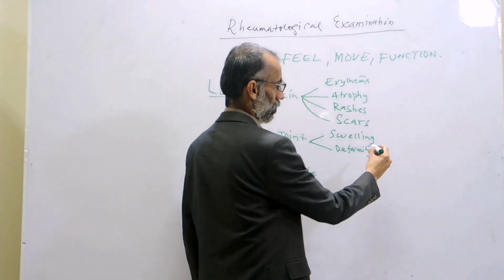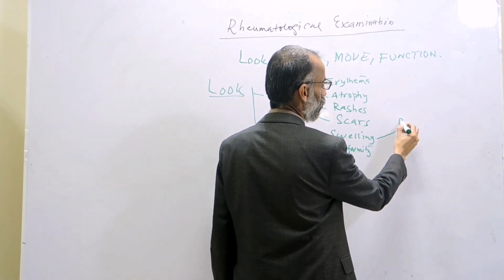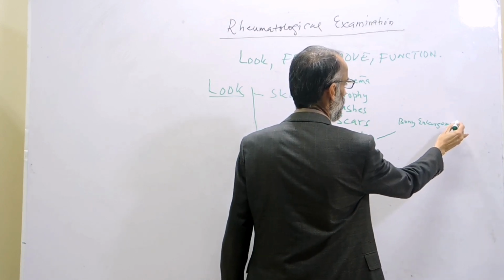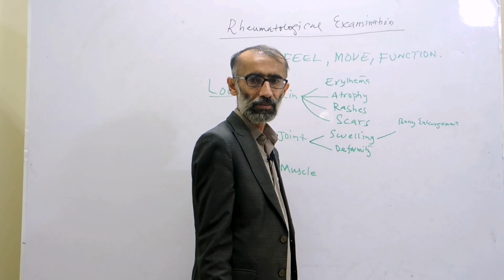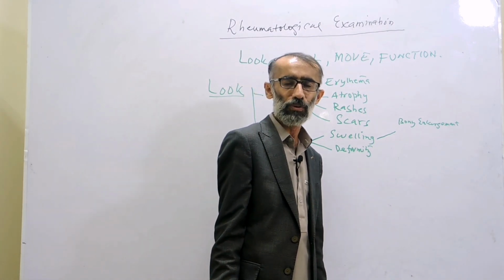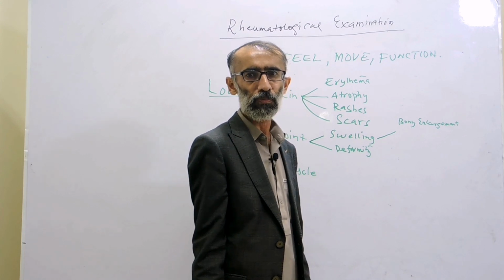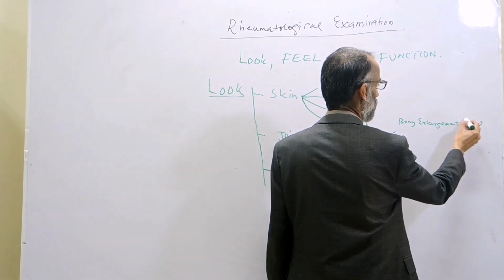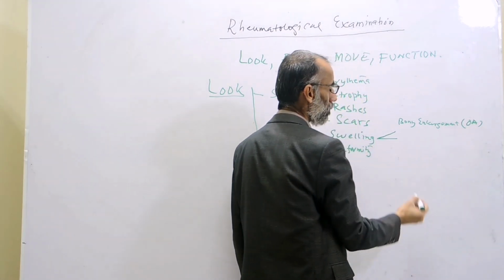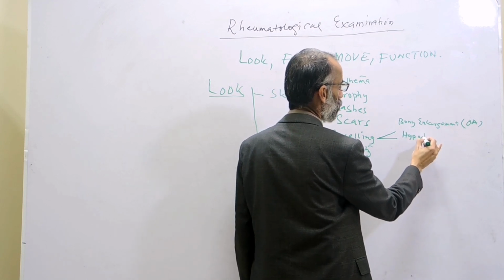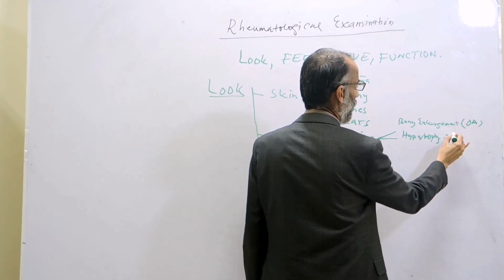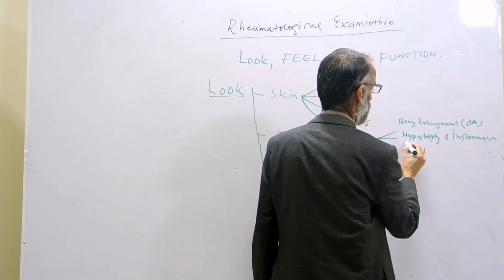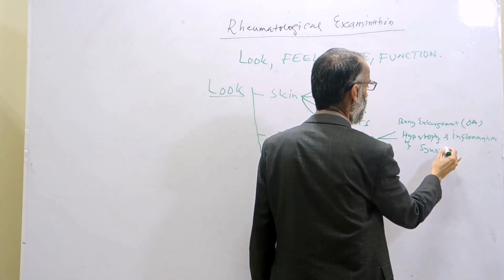Joint swelling may be due to bony enlargement or bony overgrowth, such as presence of osteophytes, Heberden's node, Bouchard's node, in case of osteoarthritis. Or swelling may be due to hypertrophy and inflammation of synovium.